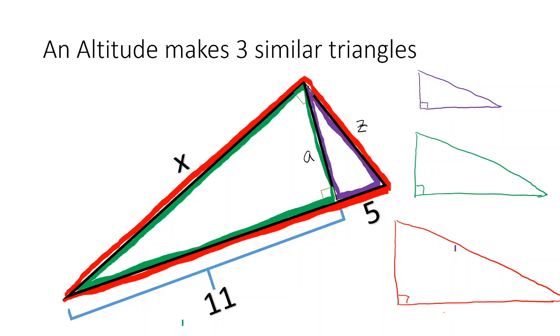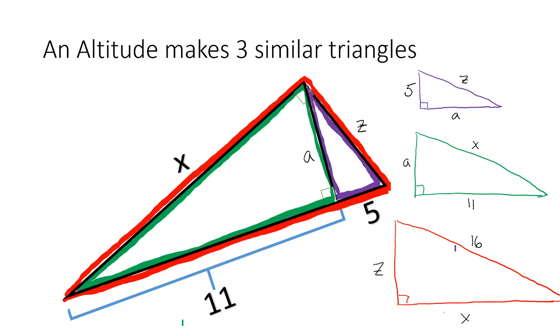As I look at this, on the purple triangle, the smallest side is 5, the medium side is A, and the longest side is Z. On the medium triangle, the smallest side is A, the medium side is 11, and the longest side is X. And on the large triangle, the short side is Z, the medium side is X, and the longest side, you have to add 11 and 5 to get 16.